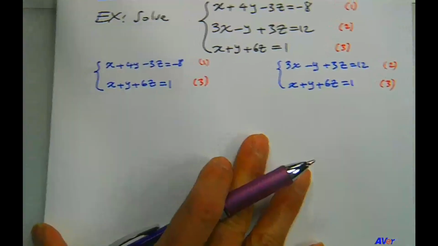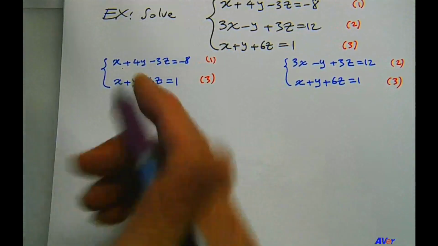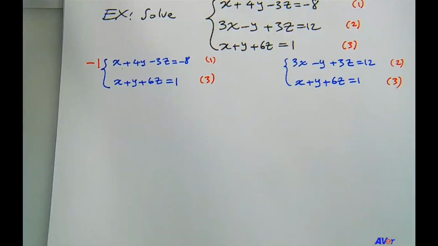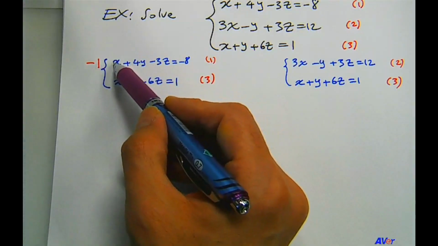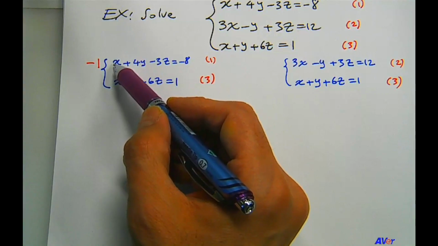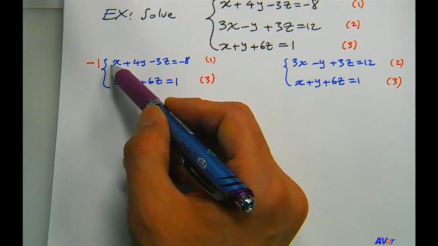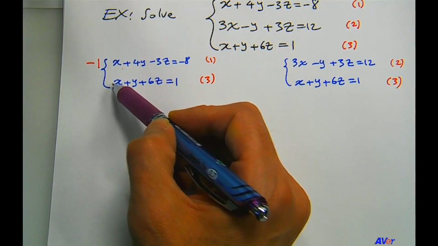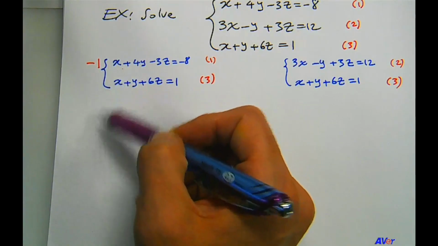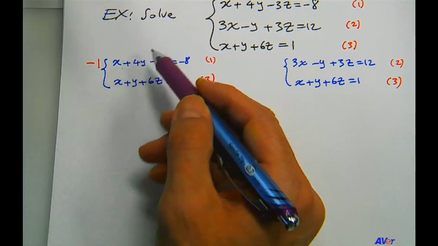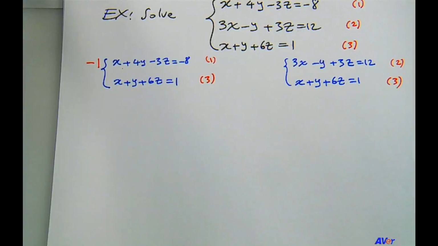So going with x, I will multiply this equation by minus 1, because I want this x to have an opposite sign, but equal to the coefficient for the x variable in the other equation. You can multiply this one by minus 1. It makes no difference.